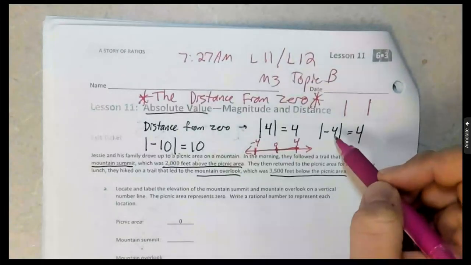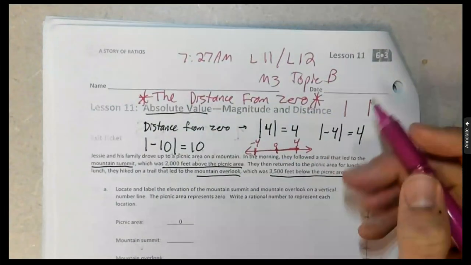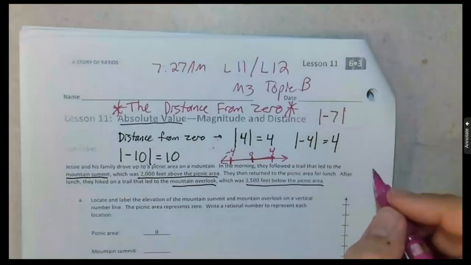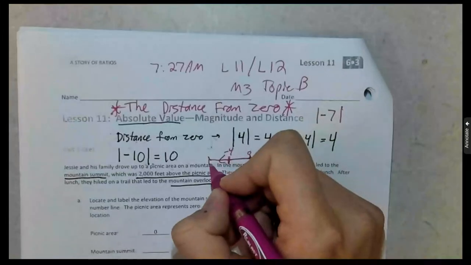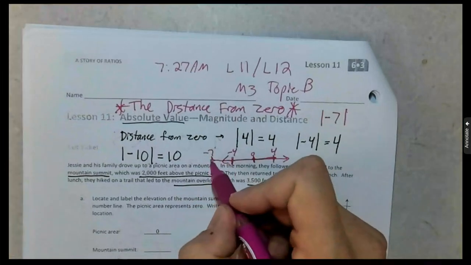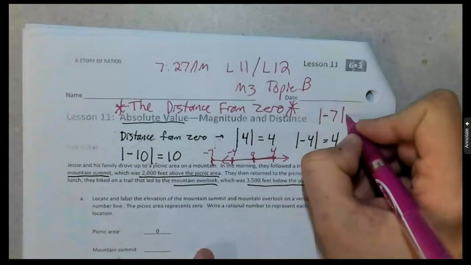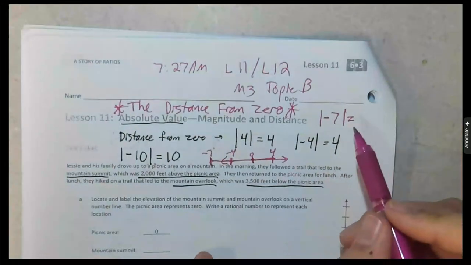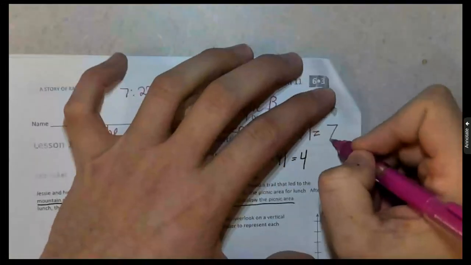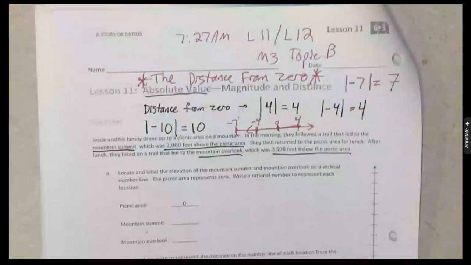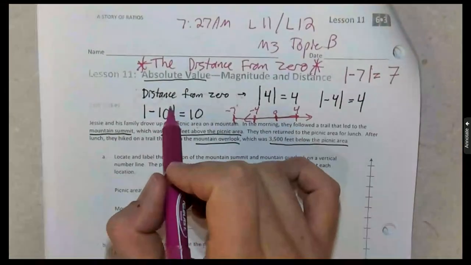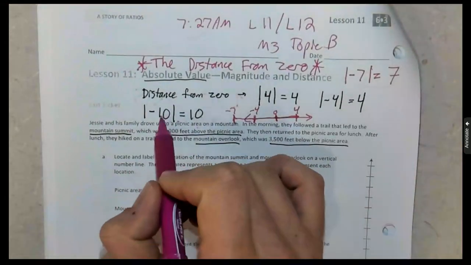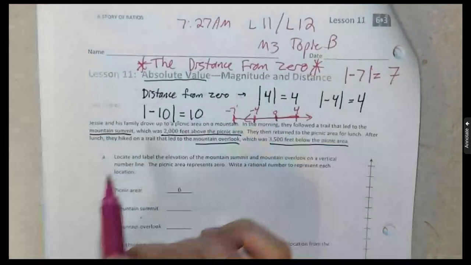When they're outside of a number, that means the absolute value. So the absolute value of -7 is the distance from -7 to 0, which is 7. So the distance from 0 of -10 is 10. So that is what absolute value is.